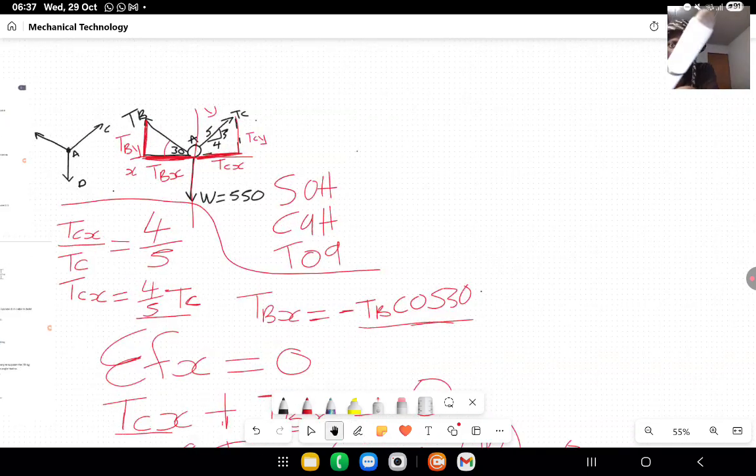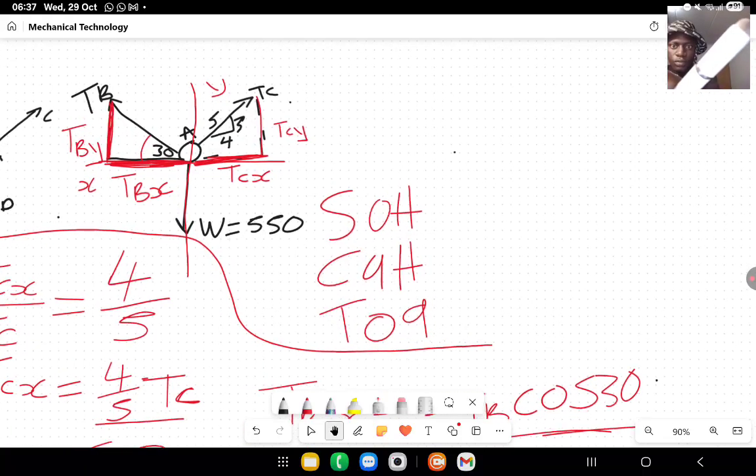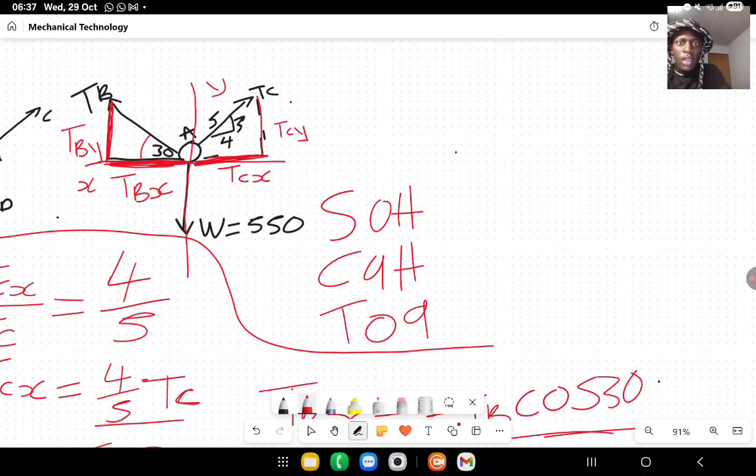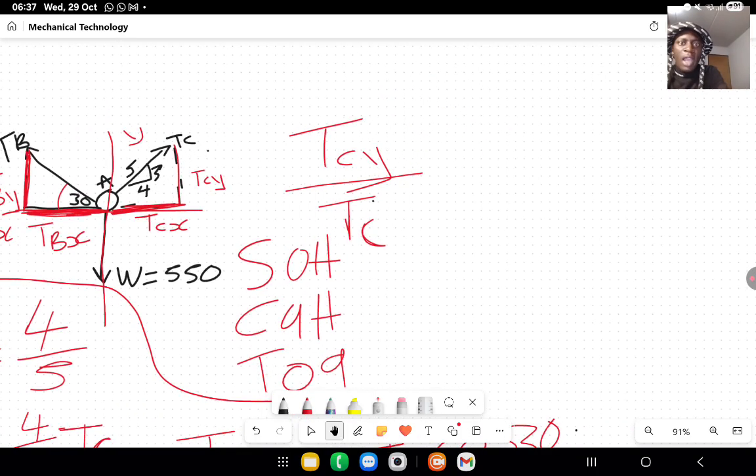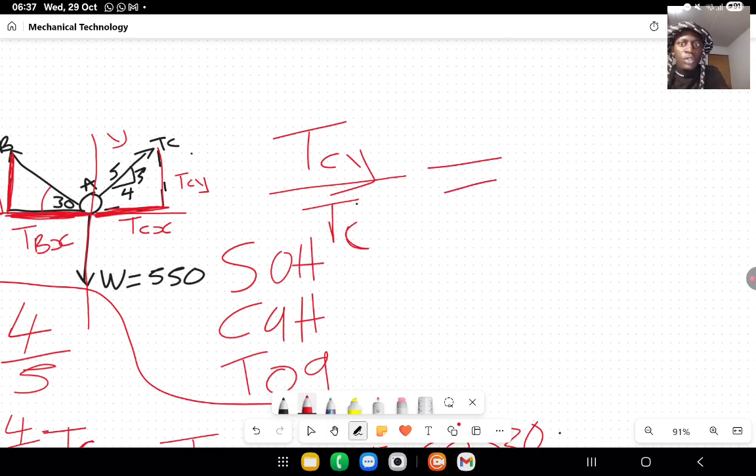Let me do it like this. Okay, if you see here, we have TCY. TCY divided by TC will be opposite over hypotenuse. That means it's equal to what? It is equal to 3 divided by 5.